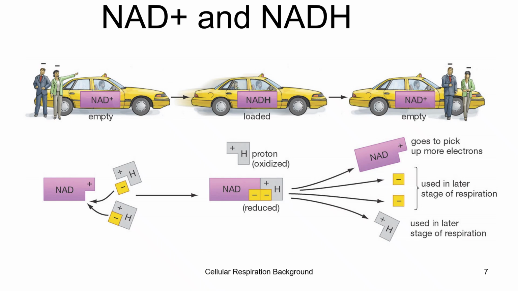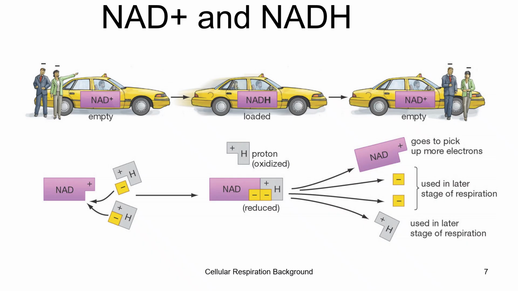So these are the electrons that have been stripped from glucose and other breakdown compounds from the first and second step of cellular respiration. The electrons are the people, they're loaded into the taxi, and this changes the taxi from NAD+ to NADH.